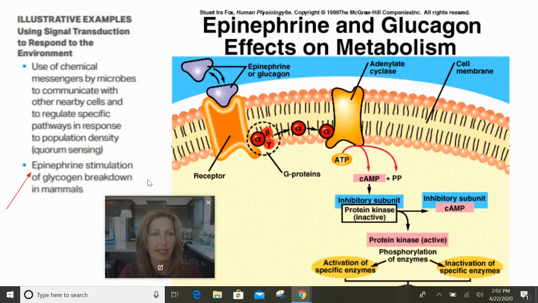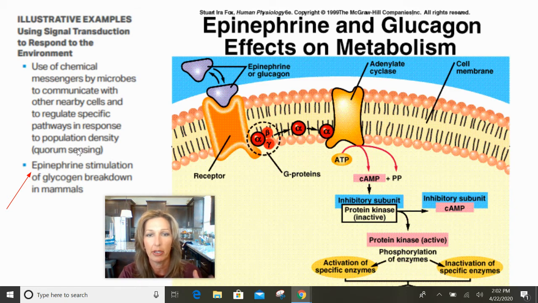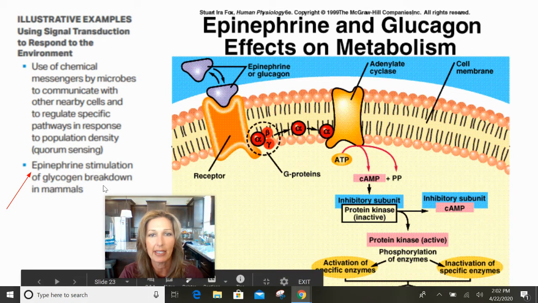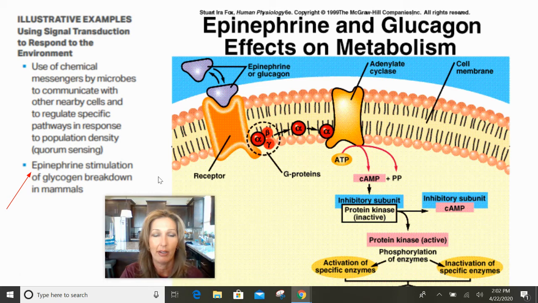Now, some illustrative examples using signal transduction to respond to the environment. I already talked about quorum sensing, the high densities of bacteria where all the bacteria can respond and act the same. But here's another example, epinephrine. With this fight or flight response, we release epinephrine from the little adrenal glands on the tops of our kidneys.